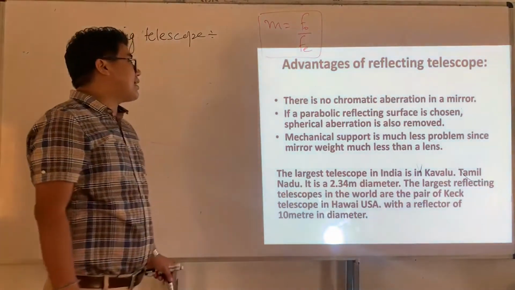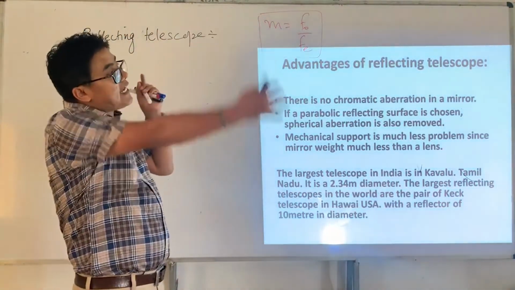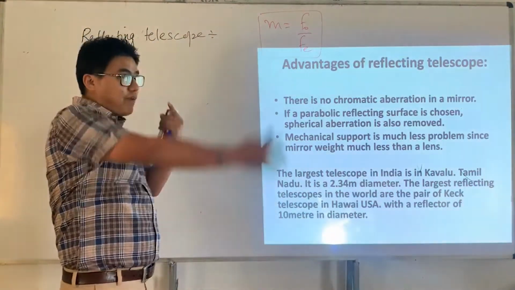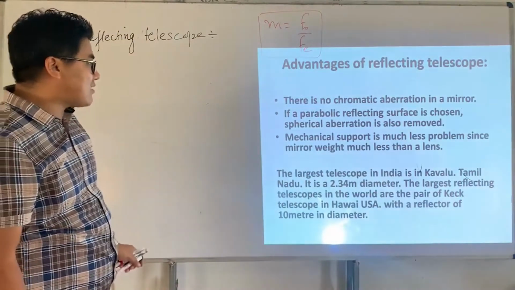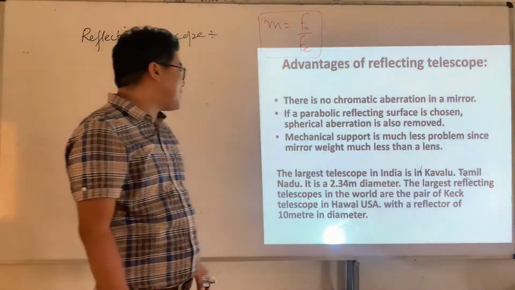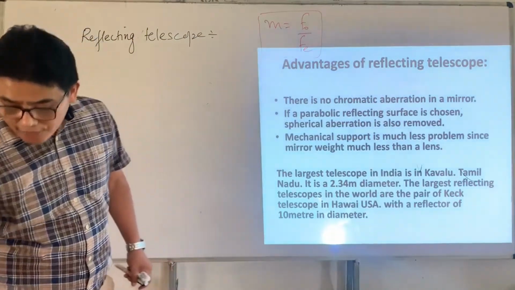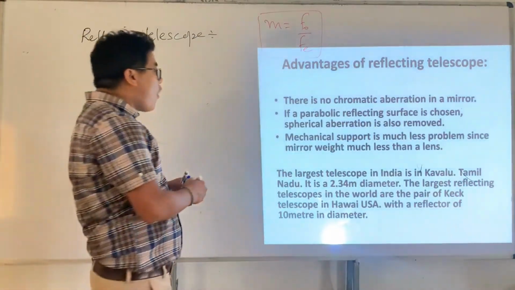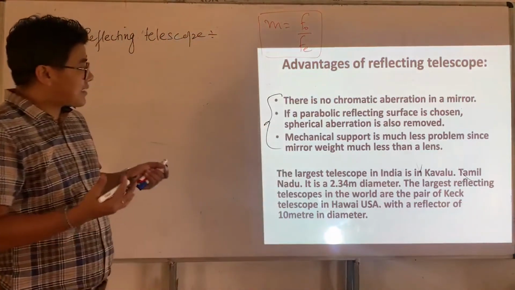And finally, mechanical support. You are going to design a reflecting surface, which is much easier to design than a lens. So mechanical support is much less of a problem, since a mirror weighs much less than a lens. So these are the 3 very important points which help scientists design a reflecting telescope.